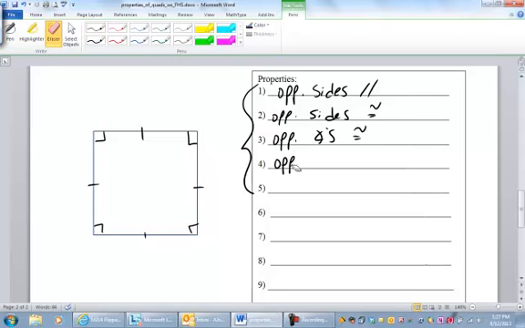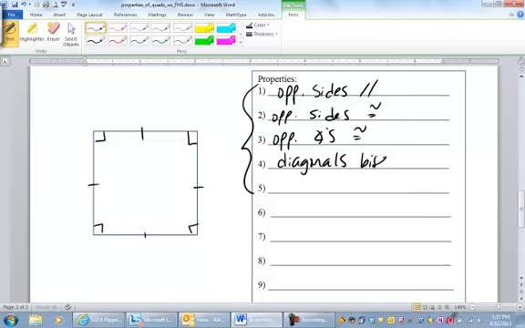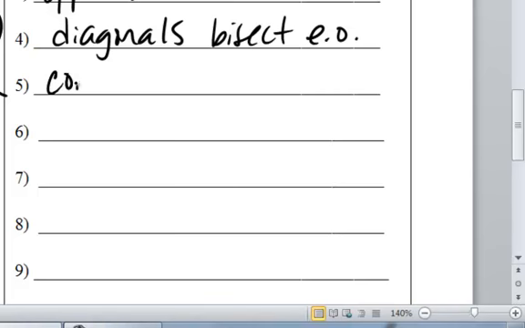Oops, not opposite. I get writing too fast. The diagonals bisect each other, and the consecutive angles are supplementary. Those are the first 5 that we wrote for the rhombus and for the rectangle.